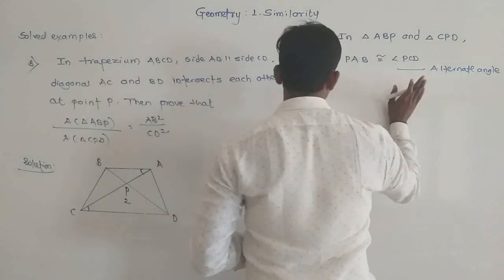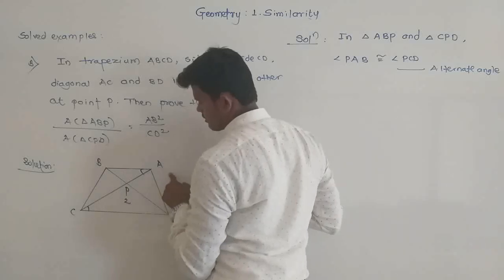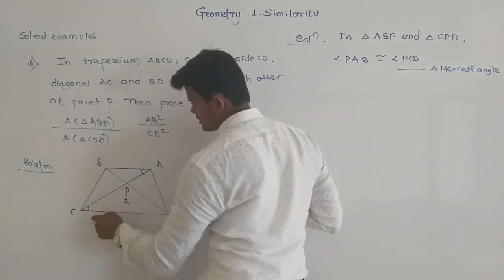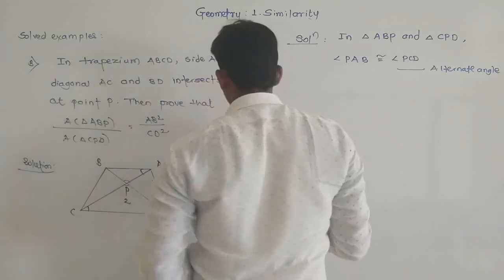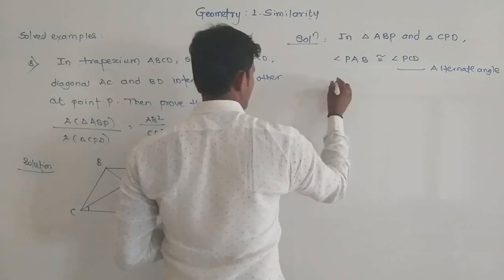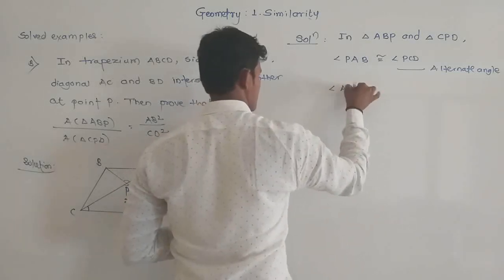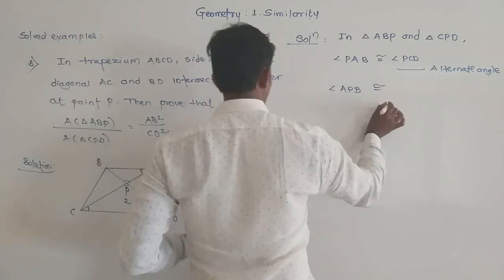They are the alternate angles, as well as angle BPA is congruent to angle DPC. Here both are opposite angles, vertically opposite angles. So angle APB is congruent to angle CPD.